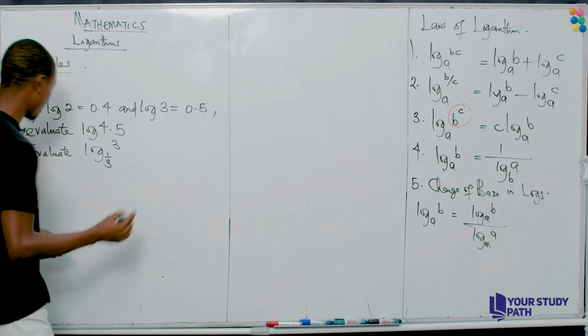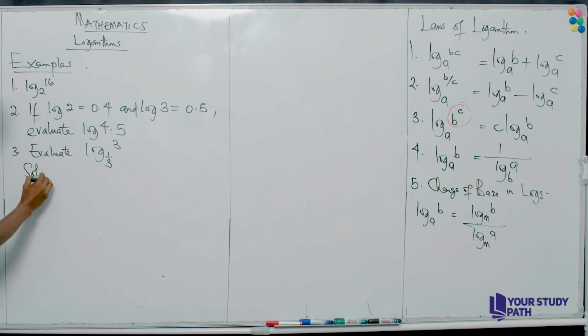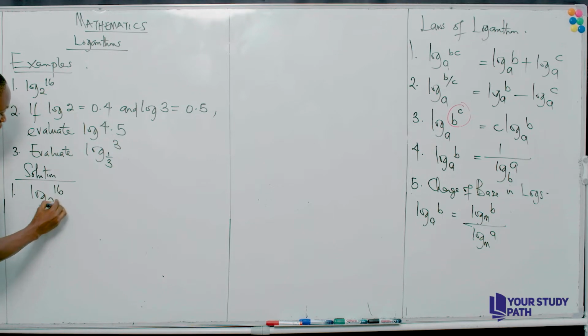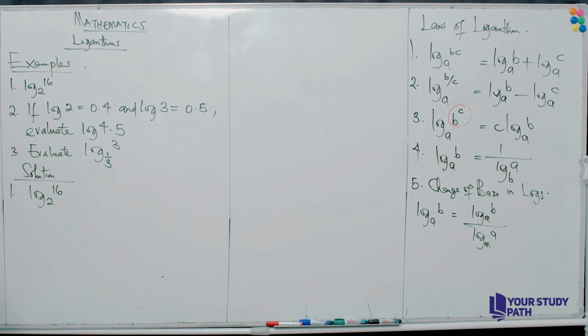Now, remember that just as we had in indices, where if you are given a big number, your goal was to simplify it into a smaller index, the same principle arises here as well. You have log 16 to base 2. Your first trick is, can you rewrite 16 as an index where the base is 2?